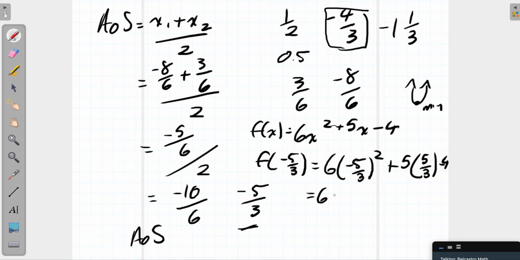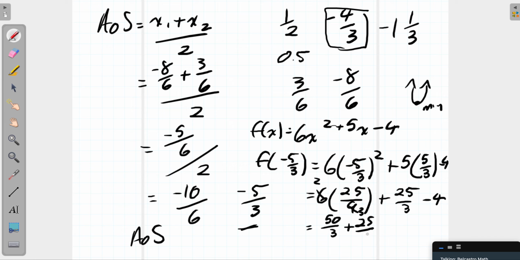Negative 5 over 3 squared is 25 over 9, plus 25 over 3 minus 4. We can reduce these. I can take a 3 from here and a 3, make this a 2. It becomes 50 over 3 plus 25 over 3 minus 4.